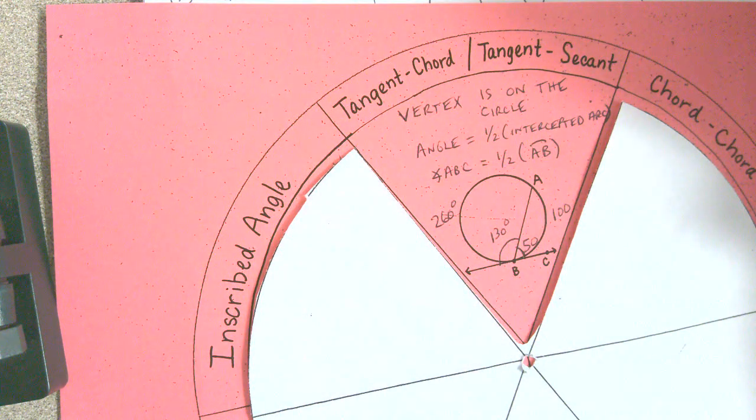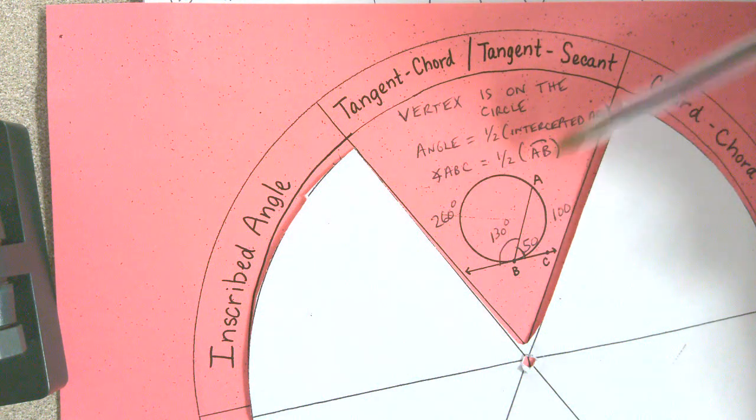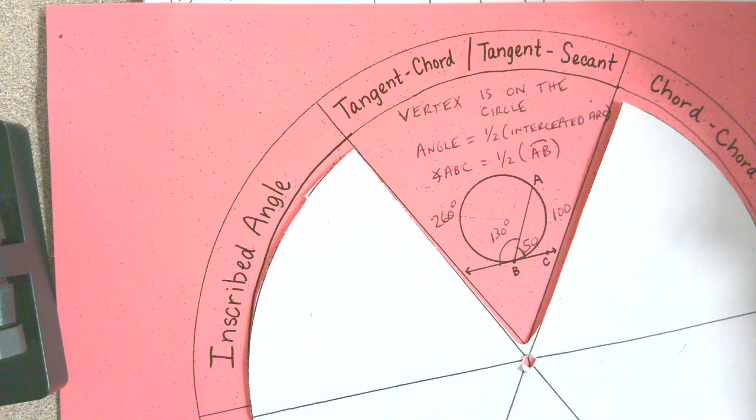So again, it's a tangent. In this case, it's a tangent chord. It could also be a situation where it's a tangent and a secant. If AB would have gone all the way through the circle, you're still going to get the same angle measurements based on the intercepted arcs.